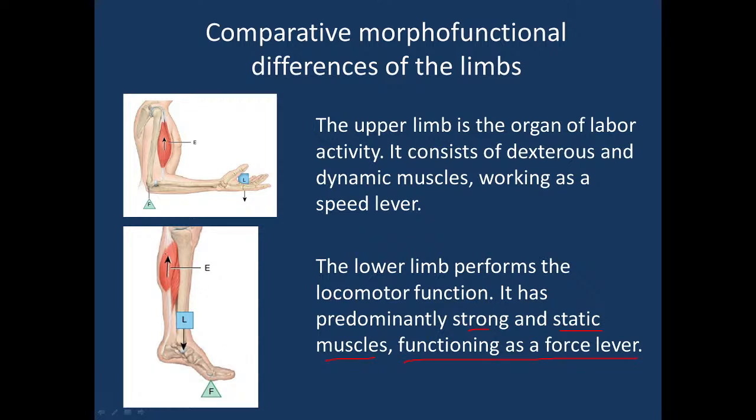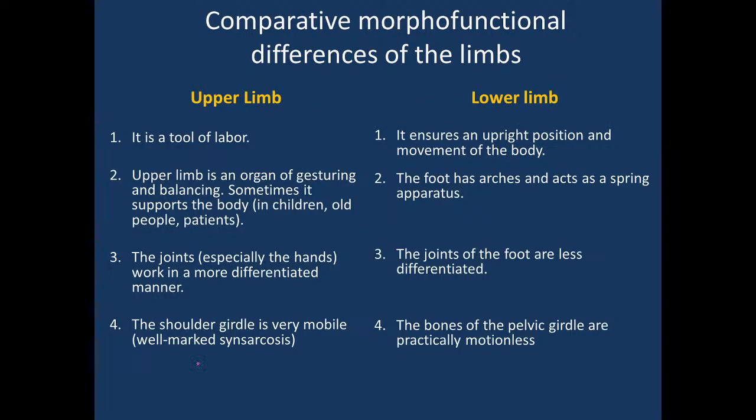You see here two levers. Here is a speed lever for the upper limb skeleton and muscles, but you see the force lever in the lower limb locomotive structure.